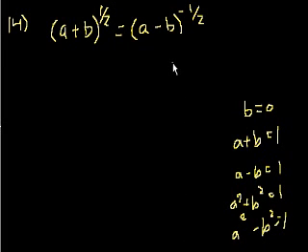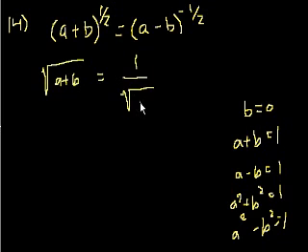Well, what I want to do is write this in a form that makes more sense to me. This is essentially saying the square root of a plus b is equal to 1 over the square root of a minus b, because of the negative 1/2. So let's multiply both sides of this equation times the square root of a minus b.